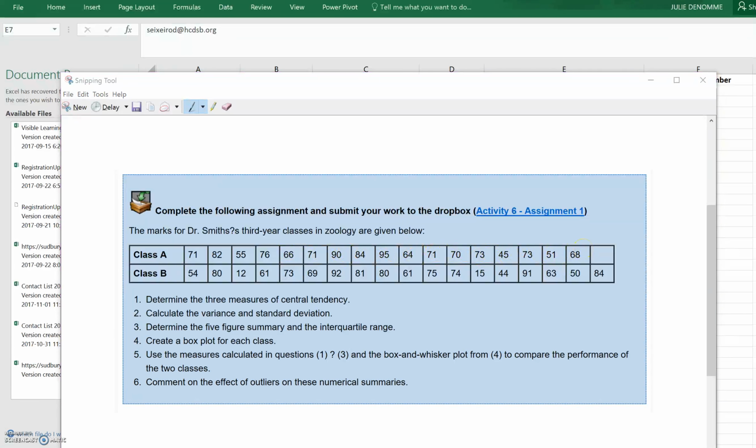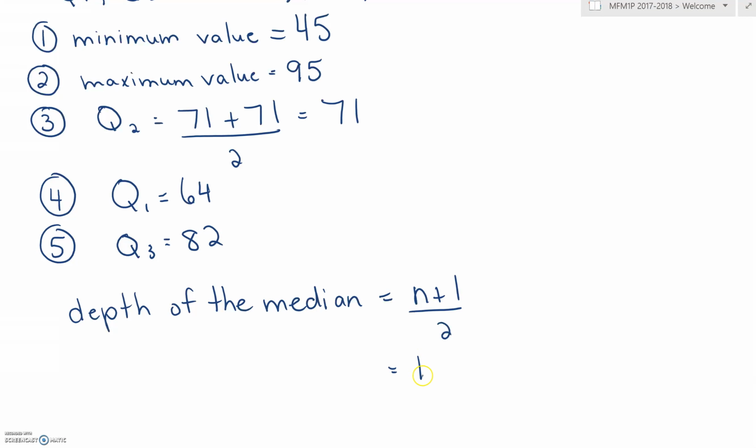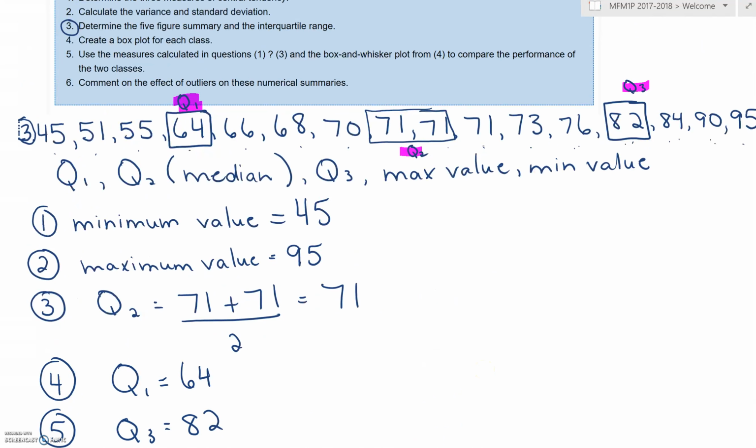So there's 17 pieces of data. So 17 plus 1 is 18. 18 divided by 2 is 9. So if you go to the ninth piece of data: first, second, third, fourth, fifth, sixth, 7, 8, 9. It tells you that your Q2 is 71.